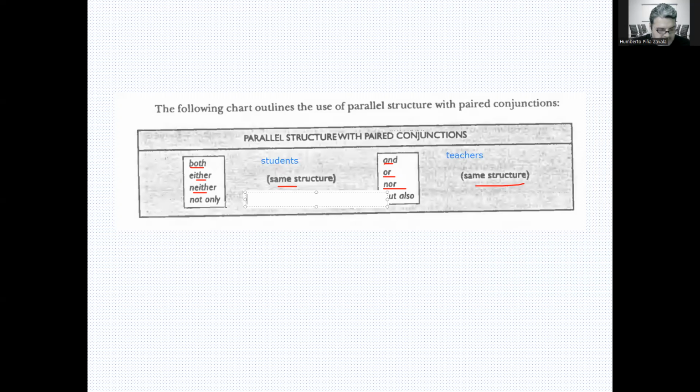Both want to go, want to stay. Both want to go. Either they want to go. So it has to be the same structure before and after. That's the point.